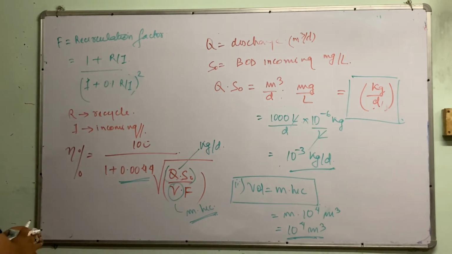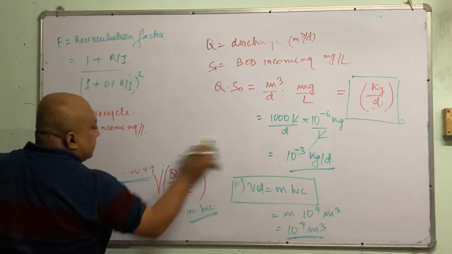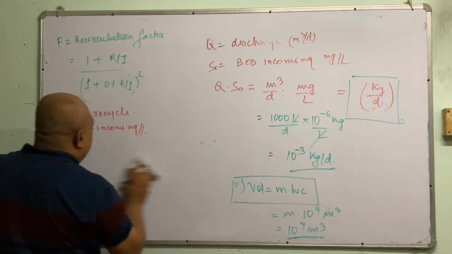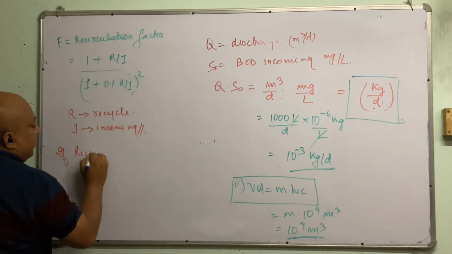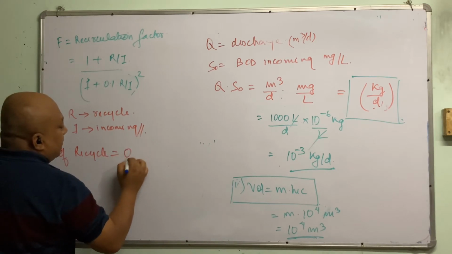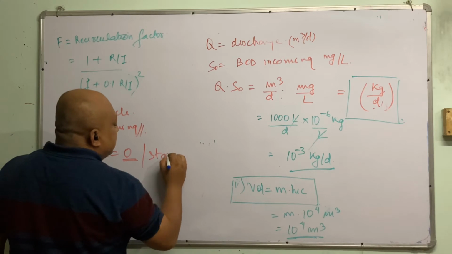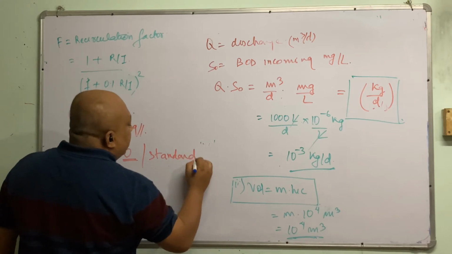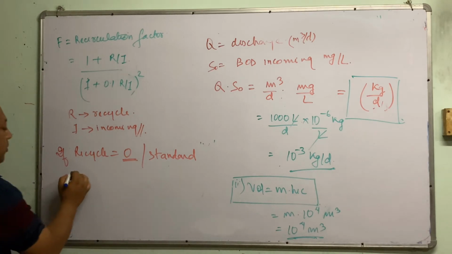Now the next one is over here. One thing I would like to mention is if recycle is equal to 0, that means there is no recycle. This is called standard. If there is no recycle, then R is 0.